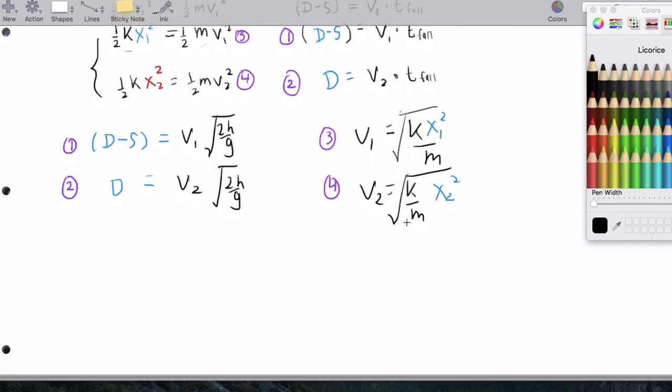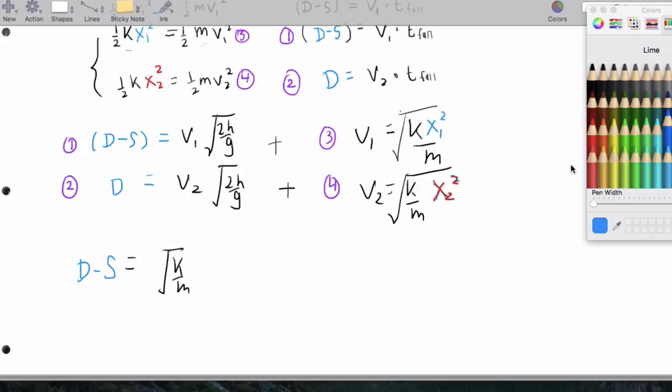So let's throw that in our formula now. Let's combine 1 and 3 and 2 and 4 and see what we get. I will end up getting d minus s. I'm sorry, this x2 needs to be in red. So d minus s is going to equal radical k over m times x1 times square root of 2h over g.